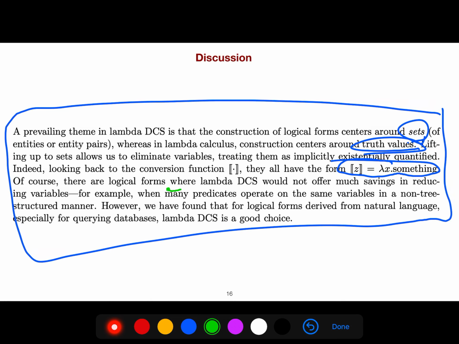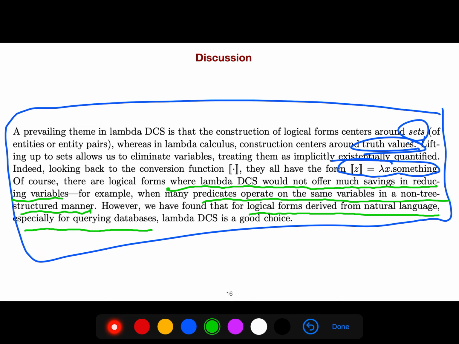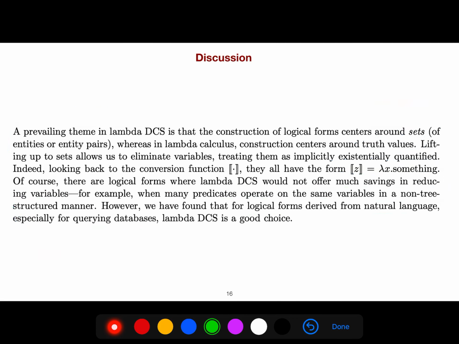There are some logical forms where Lambda DCS would not offer much saving in reduction of variables, for example, when many predicates operate on the same variables in a non-tree structured manner. However, we have found that for logical forms derived from natural language, especially for querying databases, Lambda DCS is good enough.